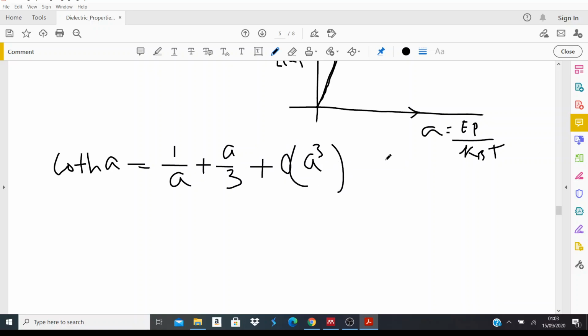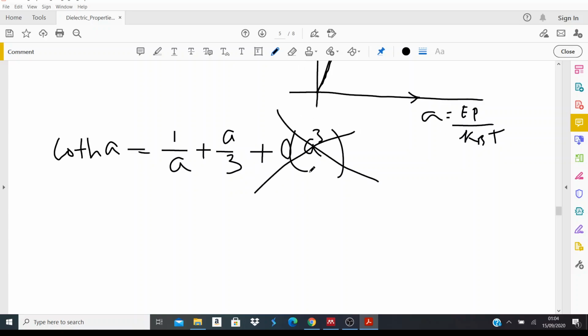The series doesn't stop. The next term is a cube, then a to the fifth, then a to the seventh. But as a is very small, we neglect all the terms in the cubic, fifth, or seventh power, right? So the cubic and higher-order terms are neglected.